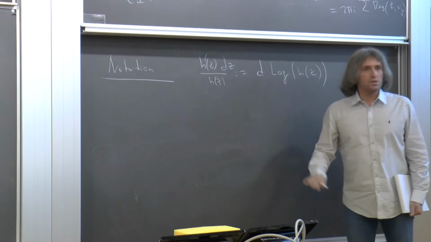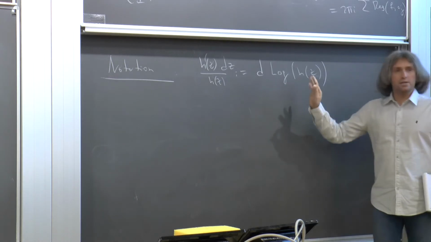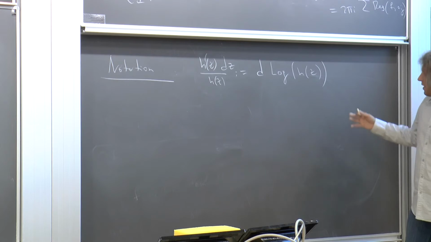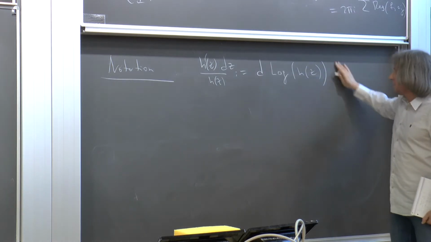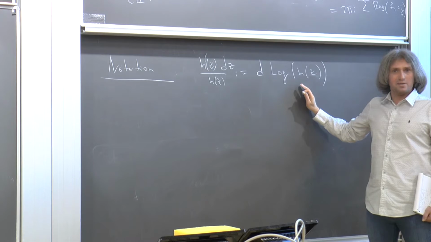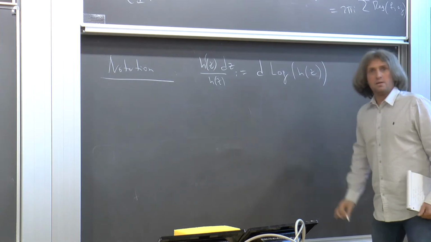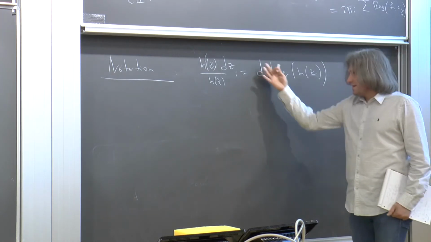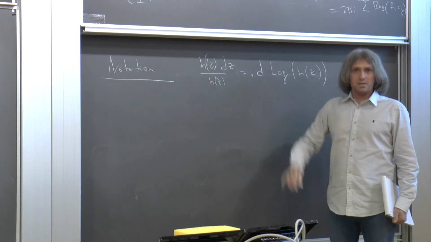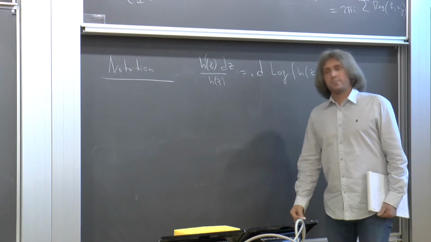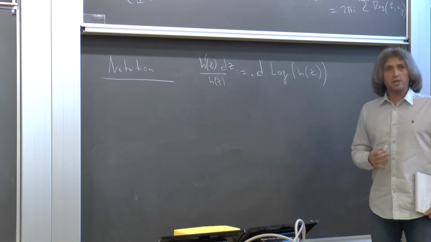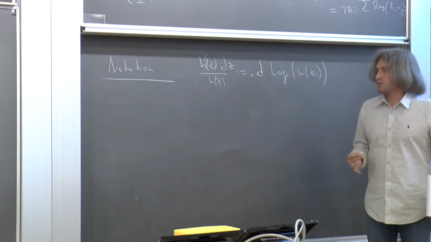So it's notation. I'm not defining the symbol log here. I'm defining the symbol d log. So obviously d log in this notation exists. That's what it is. But the properties are exactly like you would expect. So the notation is suggestive.